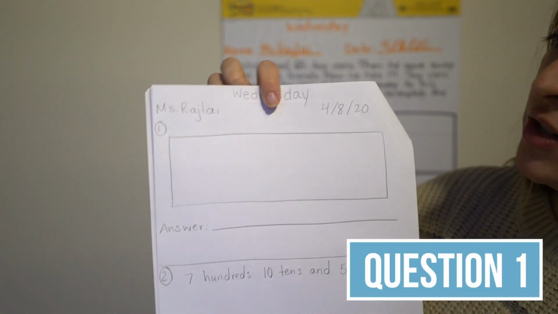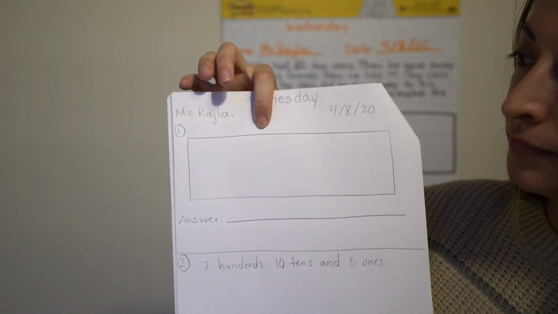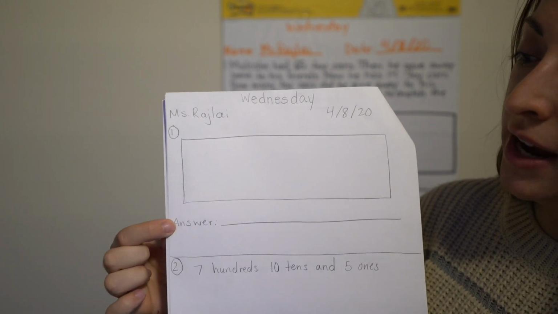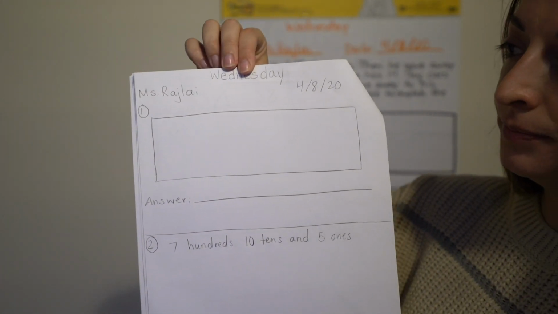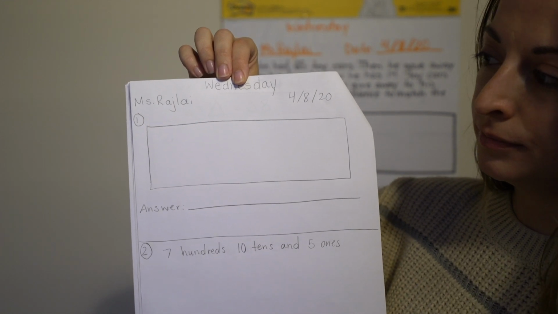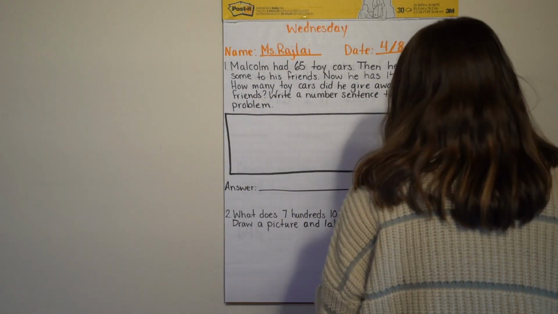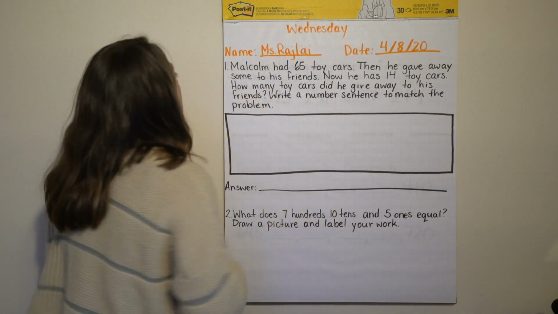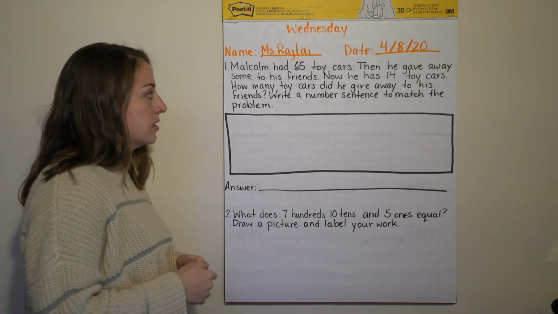For number 1, you are going to draw a box for your word problem, and then you're going to write answer with a long line. Okay, so I'm going to read number 1. Malcolm had 65 toy cars.